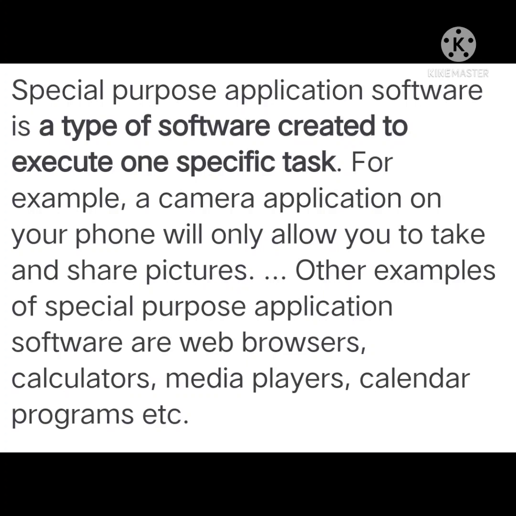If we give the phone to others, only then can they do it, isn't it? That is what is meant by special purpose application software. Other examples are calculators, media players, web browsers, etc. This is what special purpose application software is.